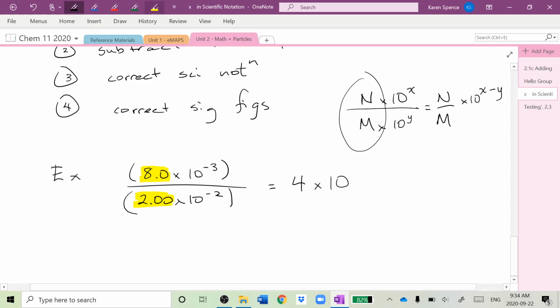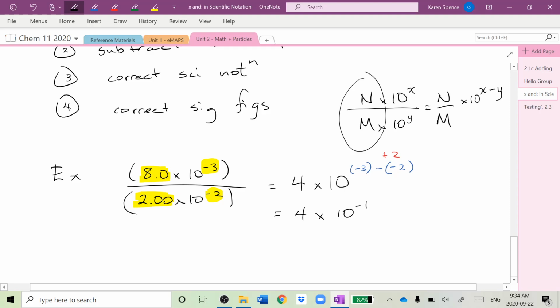In order to do our power of 10, we are going to subtract our exponents. So that will then be negative 3, and we want to subtract negative 2. So we now have 4 times 10 to the, and if we subtract negative 2, that's the same as adding 2. So negative 3 plus 2 is just negative 1.